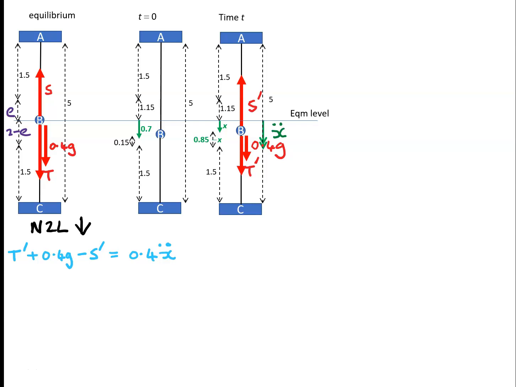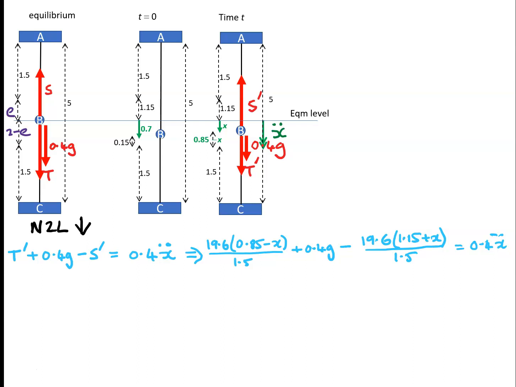T dash is going to be 19.6 times 0.85 minus x divided by the natural length, which is 1.5. S dash is going to be 19.6 times 1.15 plus x divided by 1.5.